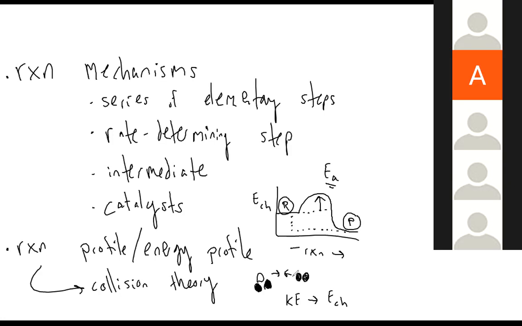They must collide with correct orientation. Okay, very, very good. So that's the one that people tend to forget about. I'm glad that you mentioned it. The particles have to collide in just the right way. I think in my PowerPoint I was using an example of maybe carbon monoxide and O2. So here's a carbon monoxide particle, and here's an O2 particle.